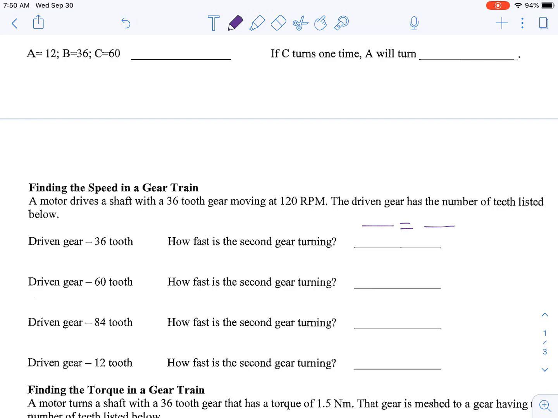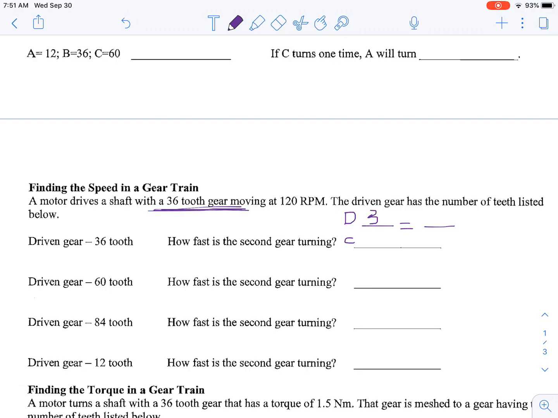It says a motor drives a shaft with a 36 tooth gear. So this is the driving gear. It's the one that makes the other move, okay? So it's got 36 teeth. And I'm going to call that a capital D because it's the driving gear.